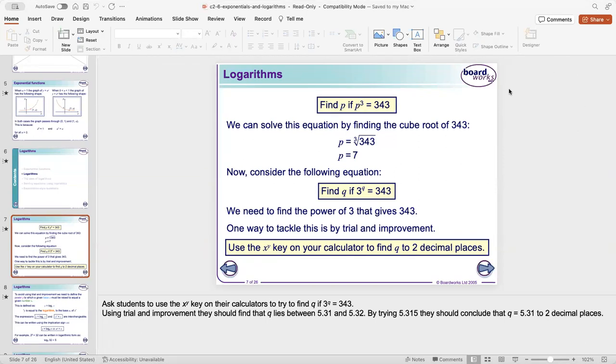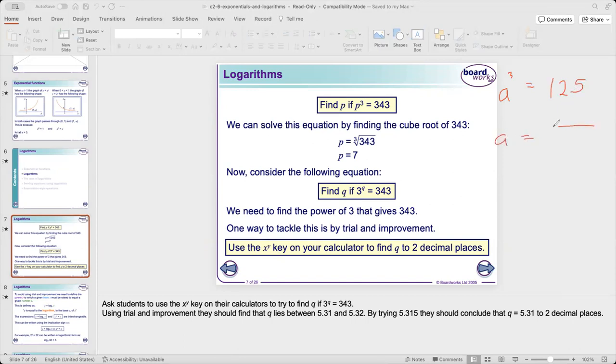So if they ask you that a cubed equals 125, then a will be equal to the cube root of 125. A is going to be equal to 5, because 5 times 5 times 5 equals 125.